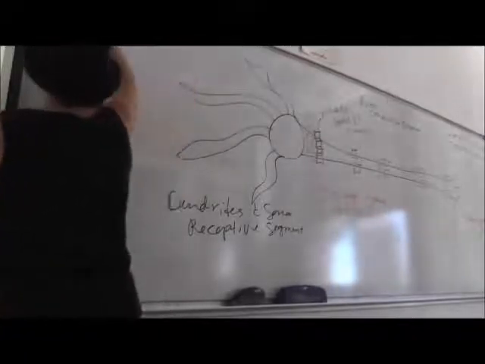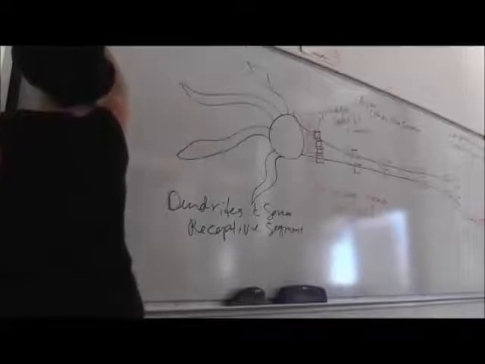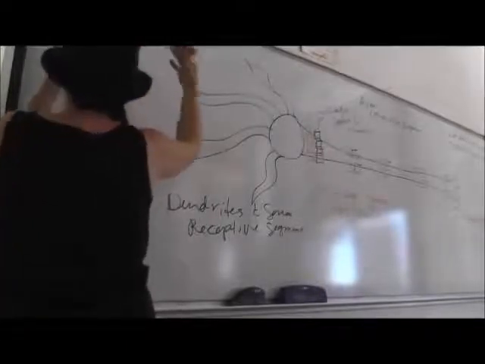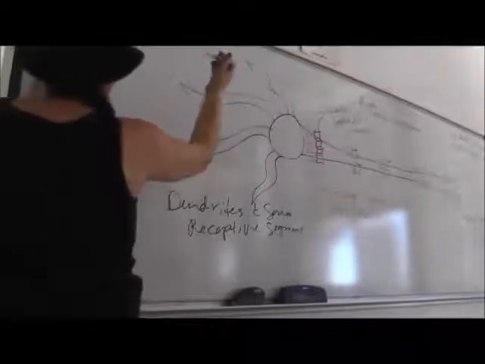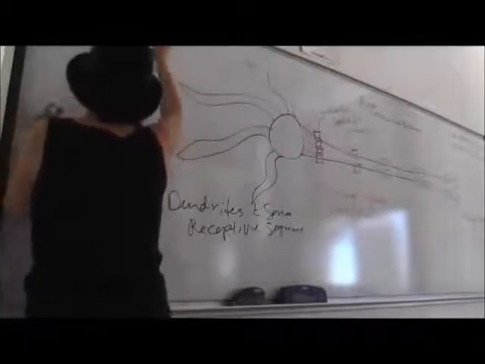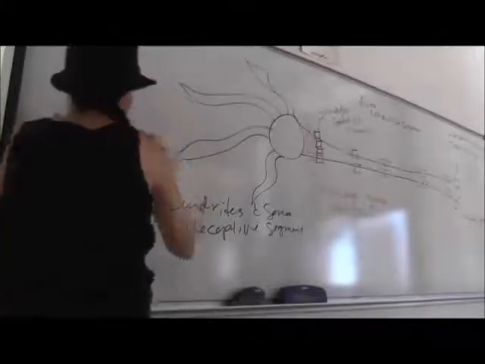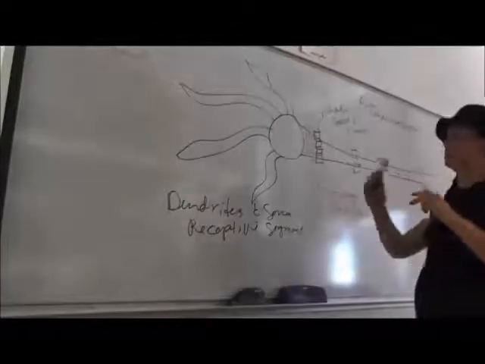So these are chemically gated receptors or channels; it's a receptor, and then when it opens, it's a channel. So we've got three types that we'll find in the receptive segment.